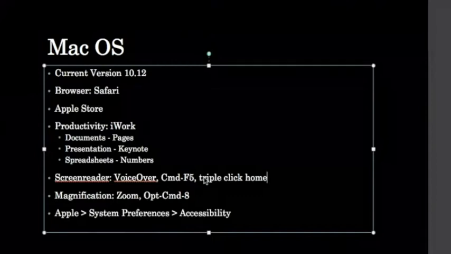It has a new special name. I'll put fingerprint for now. We're in an area where there's a transition, right? They're transitioning to new technology in their keyboards, which has changed our world. Their magnification program is Zoom, the built-in one, mind you, with Option Command 8. Touch ID. Thank you. It is called Touch ID.